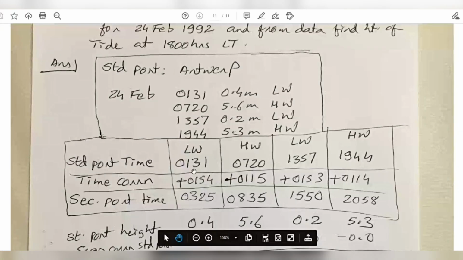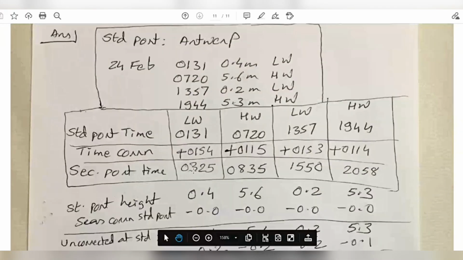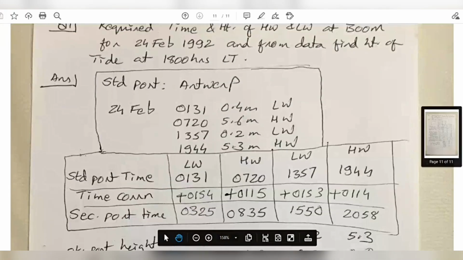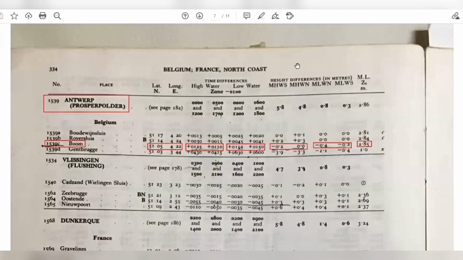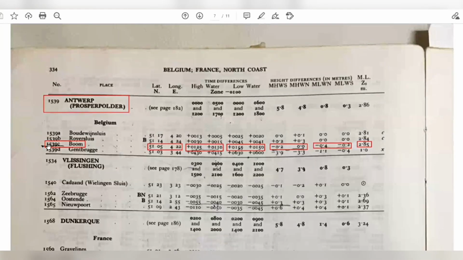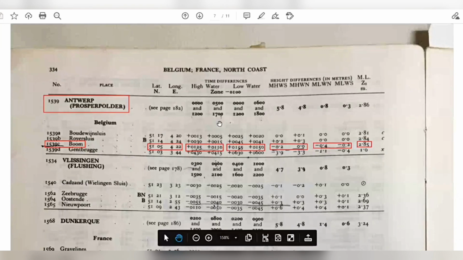Okay, so now we will go back to those corrections which we had seen in part 2. So come back to that page where we saw the corrections. See the time difference corrections, height difference corrections. So come to this page number 3-4 and come to this Boom and come to these columns, 2 columns for high water.